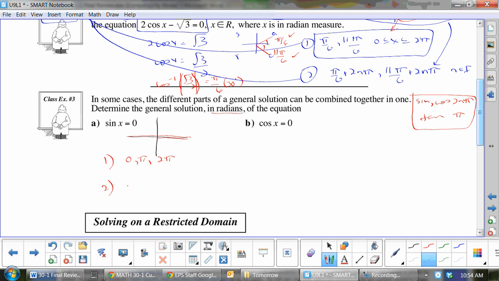Good. N pi. N is in the integers. We usually don't say pi n, but I wouldn't mark it wrong on a test. That's for sure. Okay, so n pi and n is in the integers. So if n is a 0, do you see how I get that first one? If n is a 1, I get the second one.